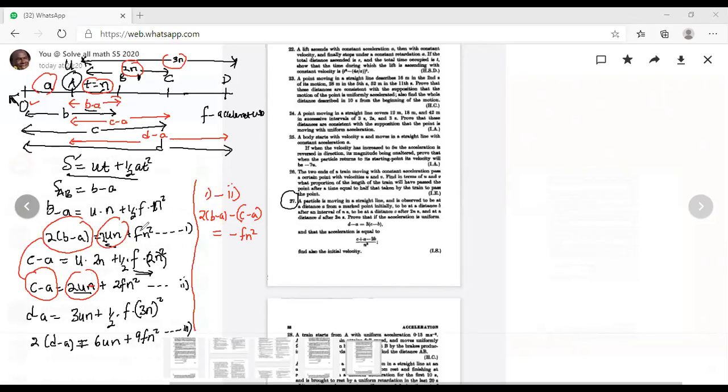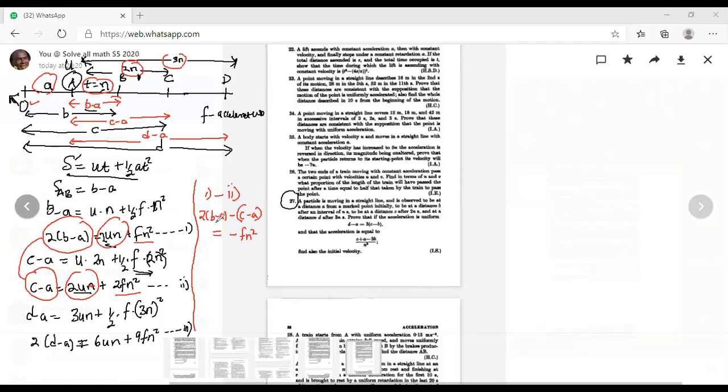Then fn squared minus 2fn squared will give me a negative fn squared. This fn was 1, this fn are 2. So 1 fn squared minus 2 fn squared, I'll get negative fn squared.